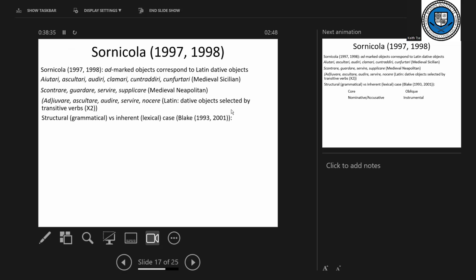Now, in formal case theory, there is a traditional distinction between grammatical case and inherent case. This corresponds roughly to the core and oblique case distinctions. The canonical grammatical or core cases are the nominative and the accusative.